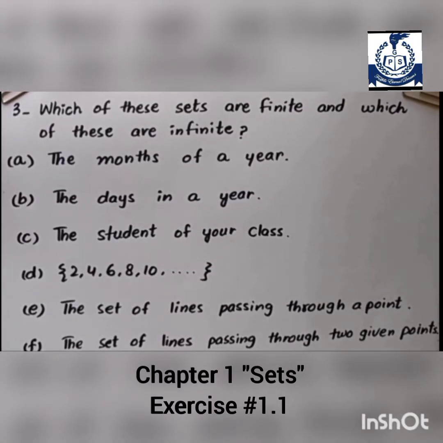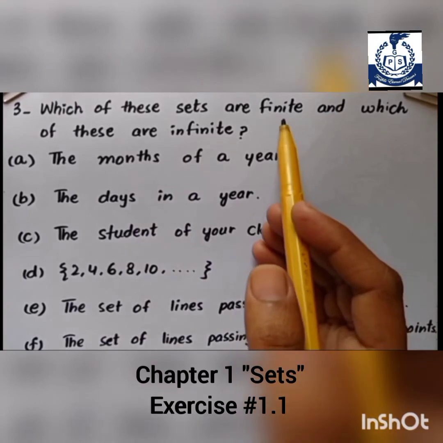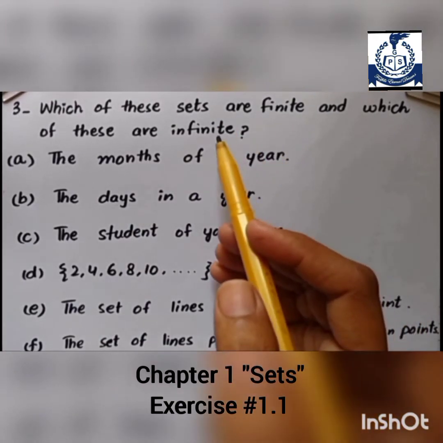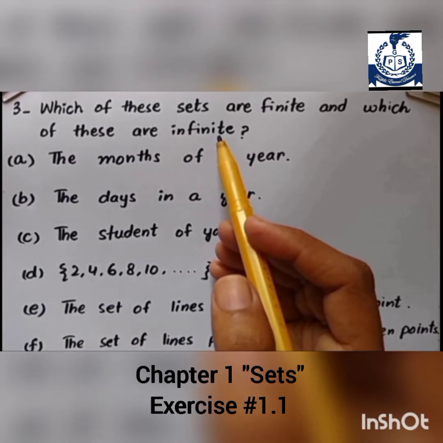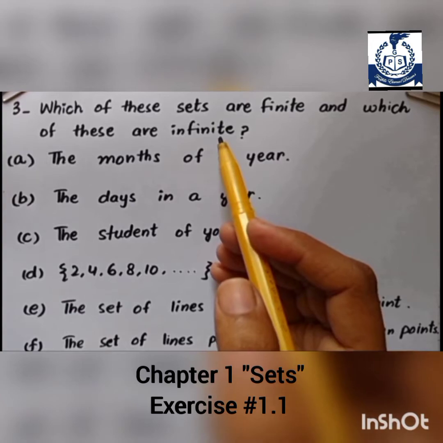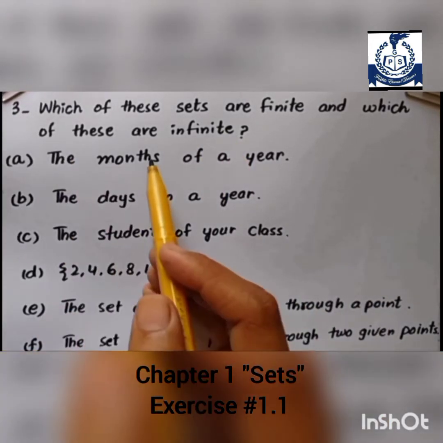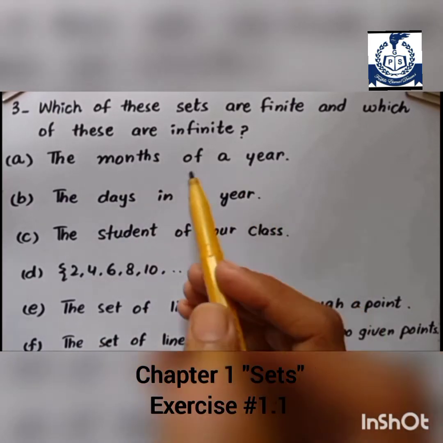Question number 3, which of these sets are finite and which of these sets are infinite? Or we can say that finite is countable and we know the limit, and infinite we don't know the limit, and uncountable. So we have parts and we need to define which sets are finite and which sets are infinite.